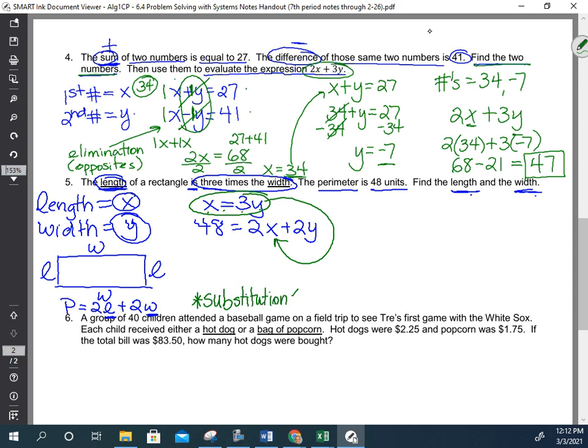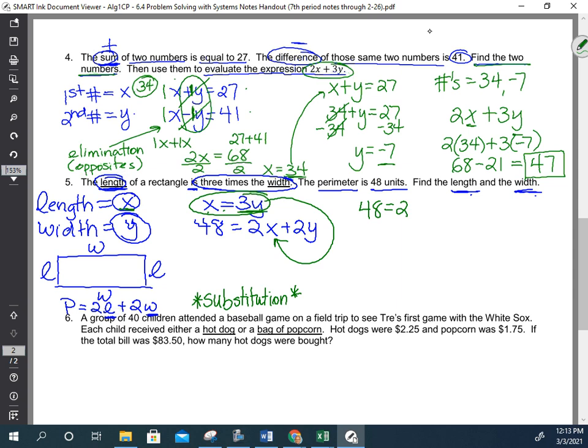Where do we get that 3y? Remember the length is x. So take 3y, plug it in for x.